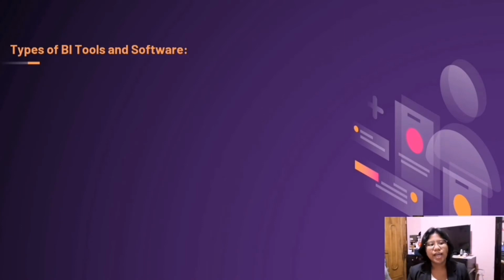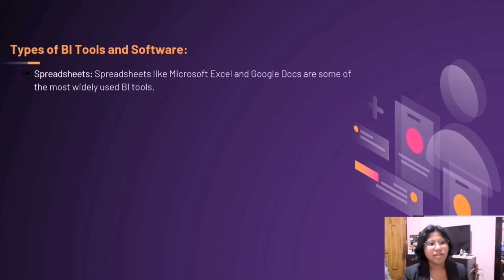Next we have types of BI tools and software. These are the tools that I was explaining earlier about Excels, graphs, and charts. So our first one is spreadsheets. Spreadsheets like Microsoft Excel and Google Docs are some of the most widely used BI tools. Spreadsheets are basically Excel.